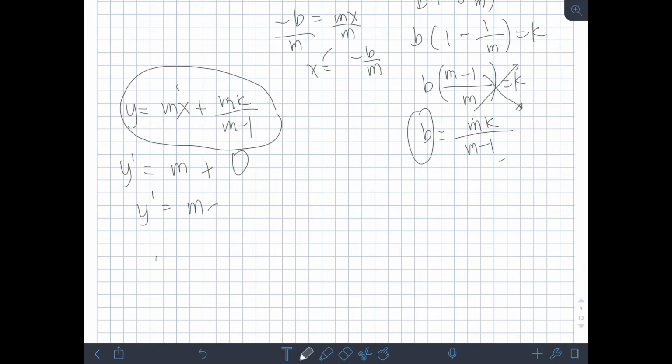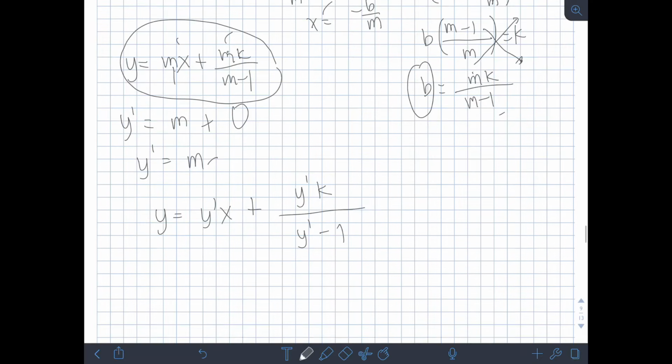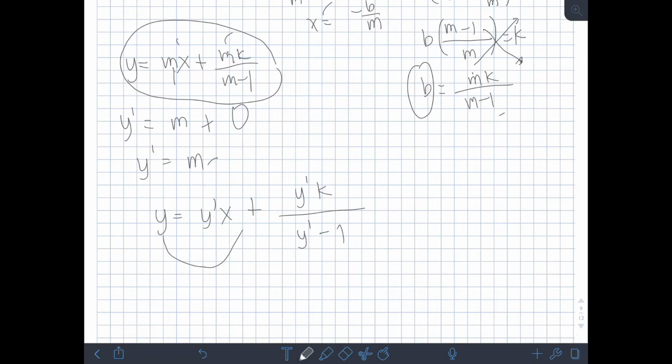So, therefore, we have y is equal to, m natin is y prime na, tapos x plus m natin is y prime times k over m natin is y prime minus 1. Okay, so, transpose ko na lang to dito para maka-equate tayo sa 0. Magiging 0 is equal to xy prime minus y plus y prime k over y prime minus 1.